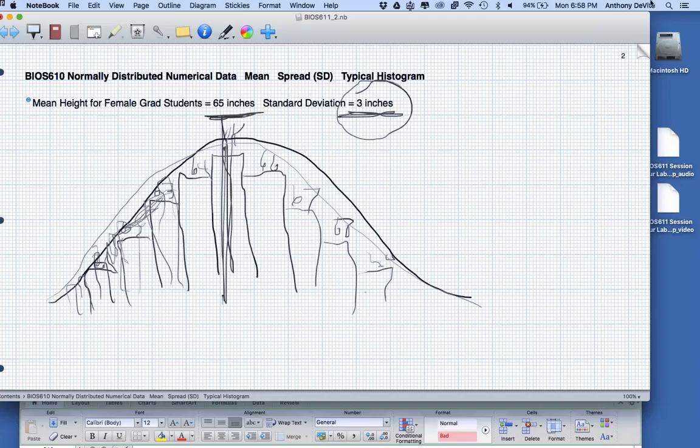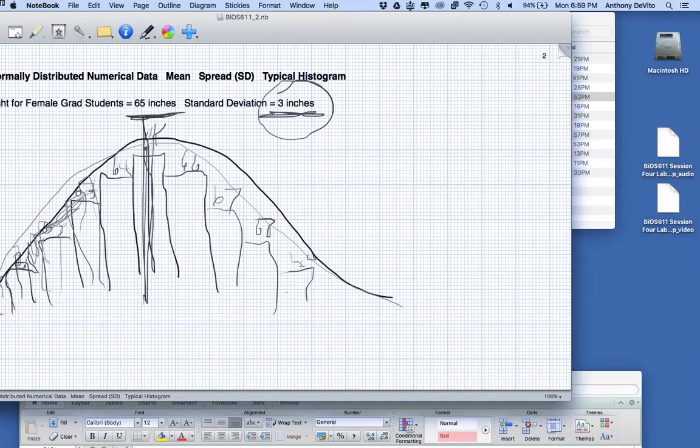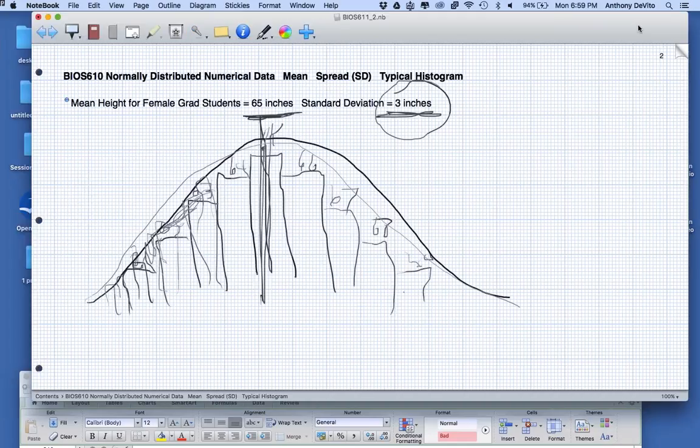Okay, so let's assume for a moment that that's indeed what they form. Remember I just told you quickly that if the mean is 65 and the standard deviation is 3, well, almost all the values are going to be between 3 standard deviations below the mean, which is 9 inches, which would be 56 inches, and 3 standard deviations above the mean, which would be 74 inches.